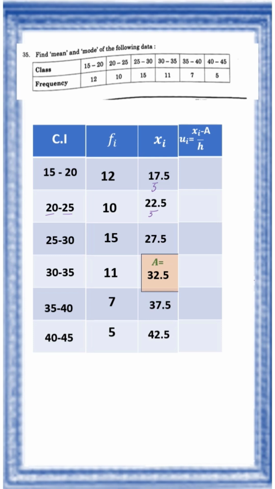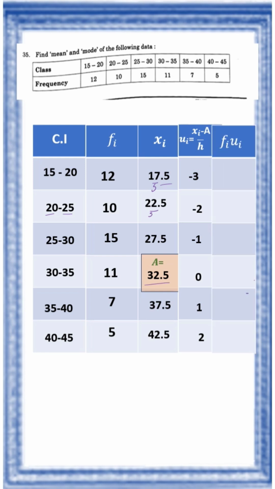Here xi is this one, minus a, the assumed mean, 32.5. h is the size of the class interval, that is 5. 17.5 minus 32.5, that is negative 15, by 5, that is negative 3. Here negative 2, negative 1, 0, 1, 2.